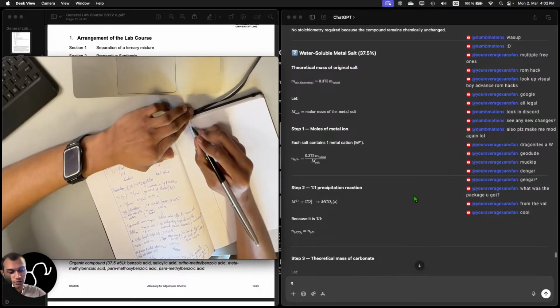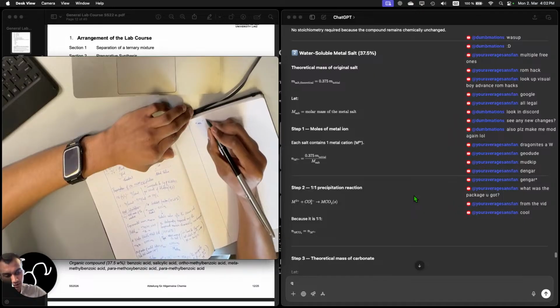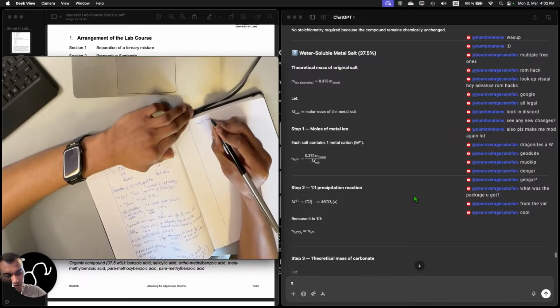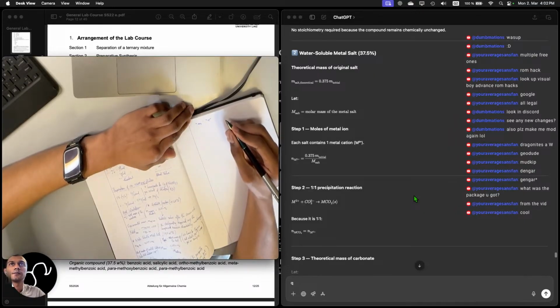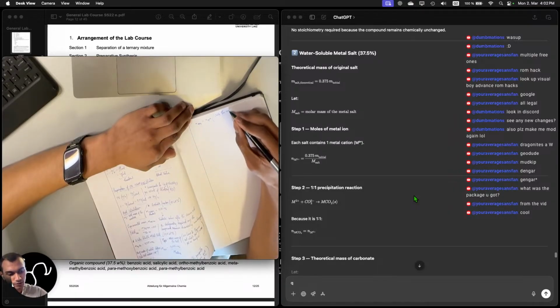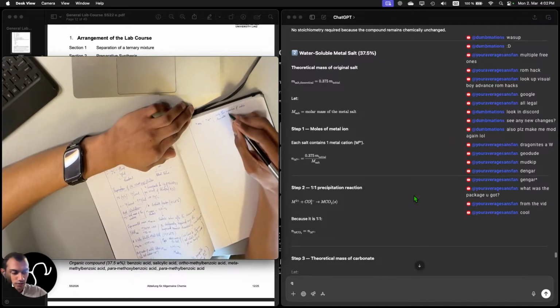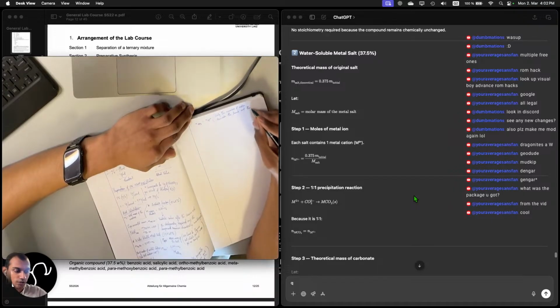So therefore, number of moles of MCO3 equals number of moles of M2+. Only the number of moles remain the same, not the actual mass.